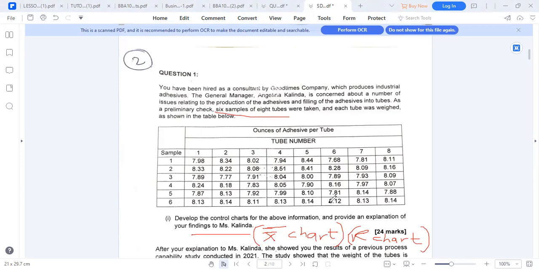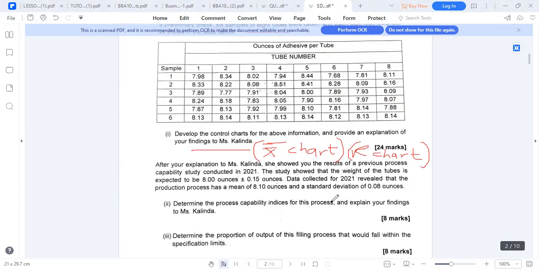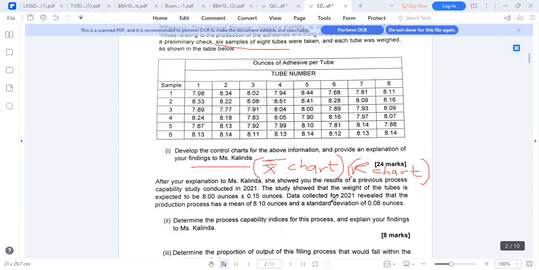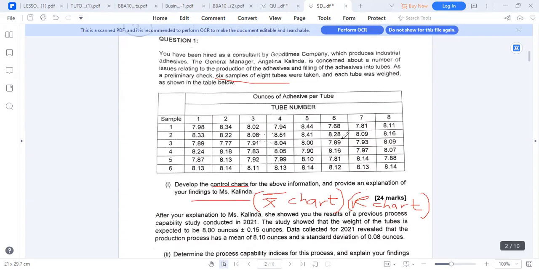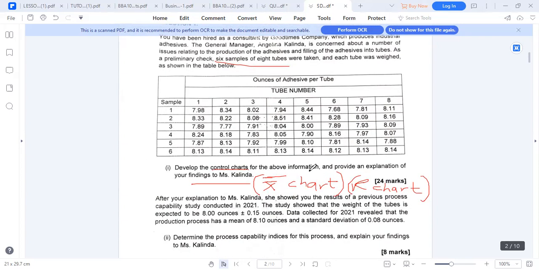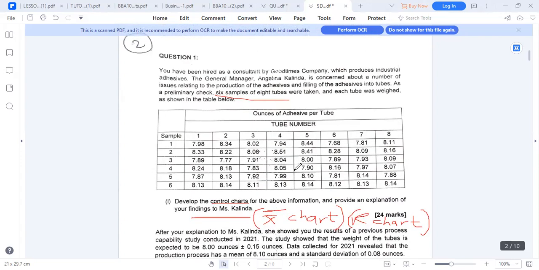Okay, so getting down to the solution, before getting to the specifications, because the specifications are another topic altogether. But since we're on the control charts, let us see what goes on. Under the solution, we have to give an explanation of whether the process is in control or out of control.